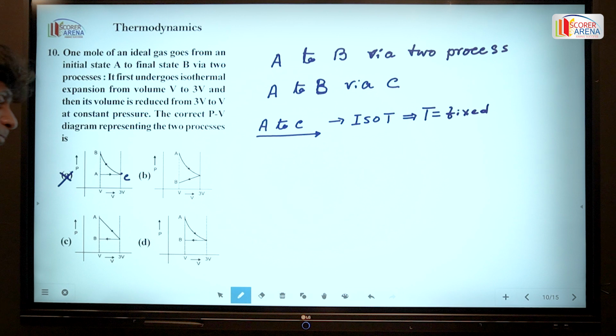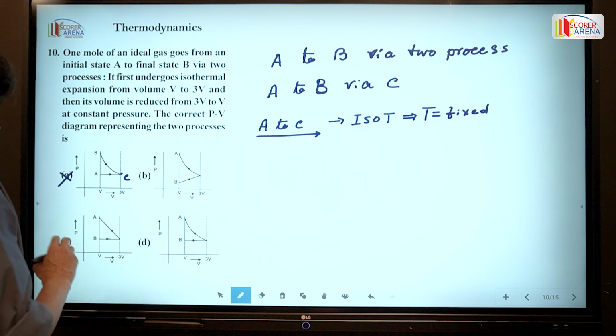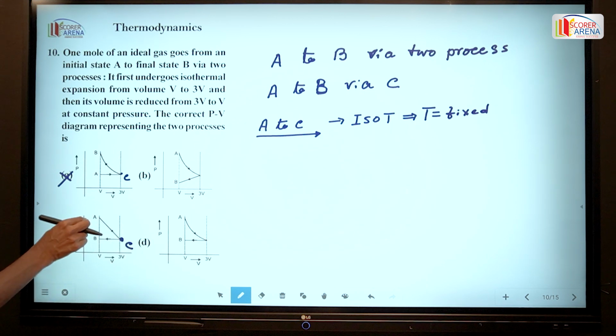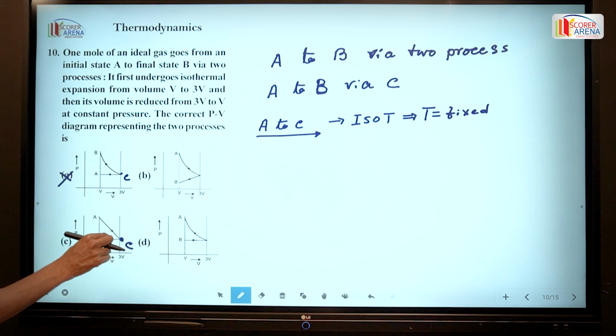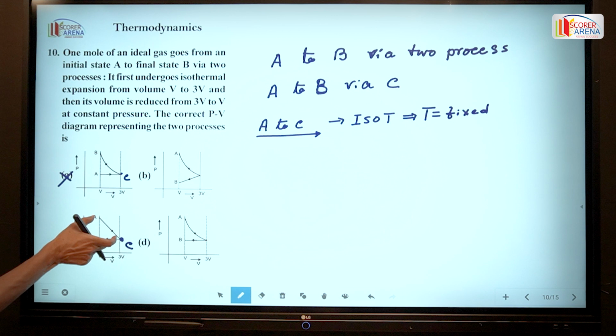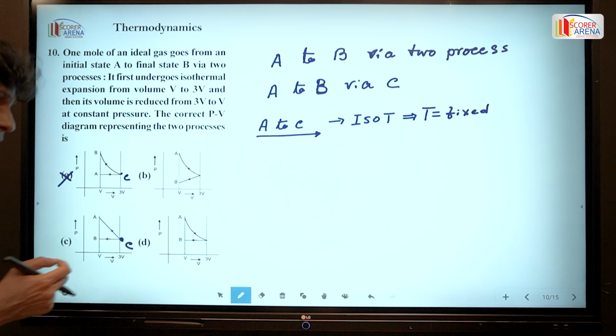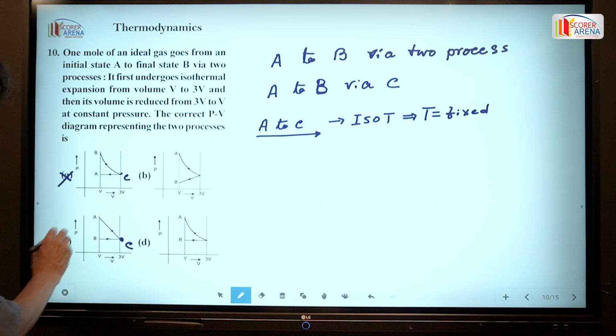Similarly, in option C, A to C represents linear variation of pressure and volume, but in the isothermal case the nature of the graph is hyperbolic, so option C is also not correct.